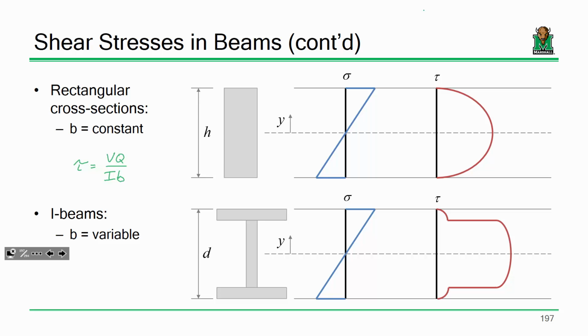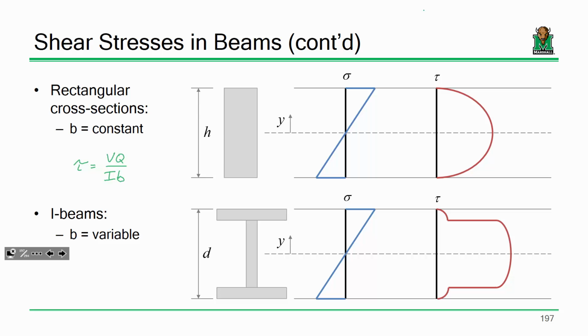B is the width of the section, okay? So if I start at the bottom and work my way up, here I've got a really wide beam. And right here, B changes, right? Everybody see that? Well, if B suddenly changes and B suddenly gets smaller, what happens to your stresses? If B gets smaller, what happens to tau?